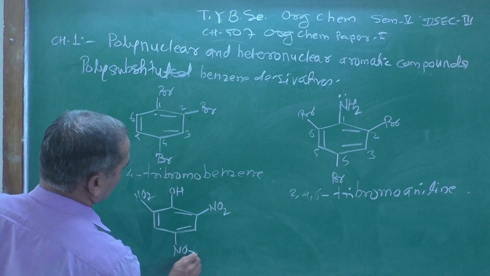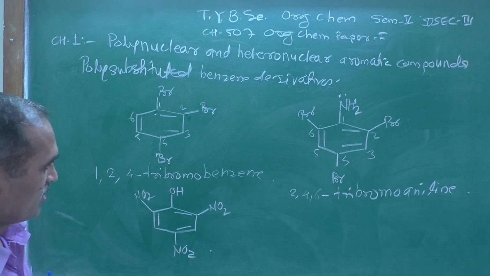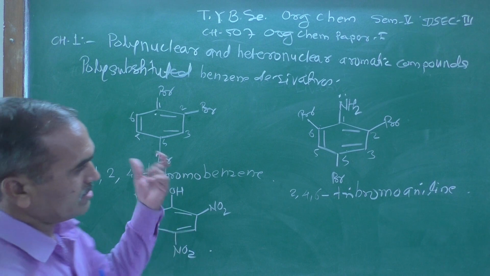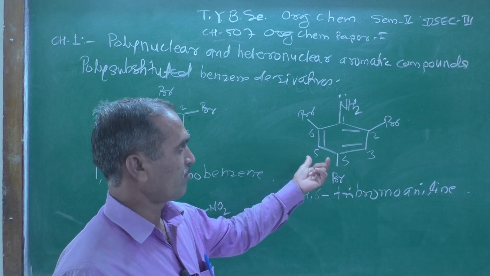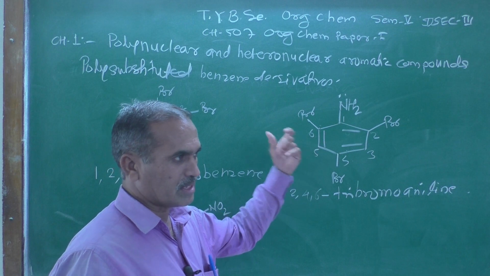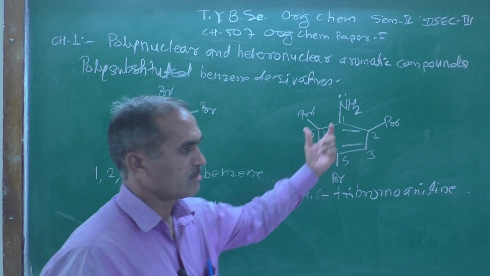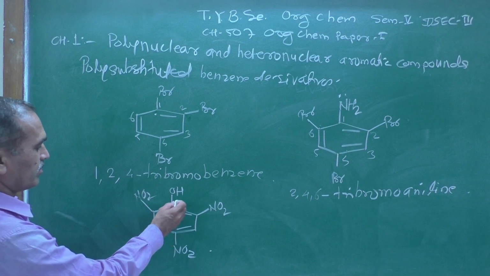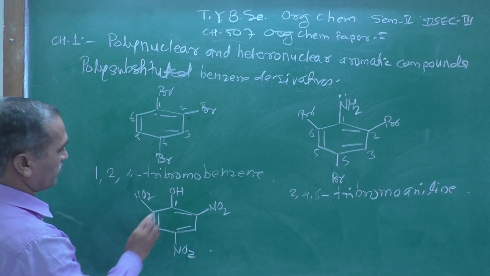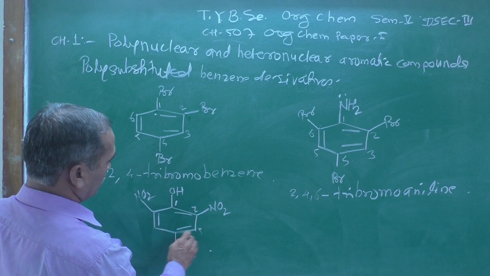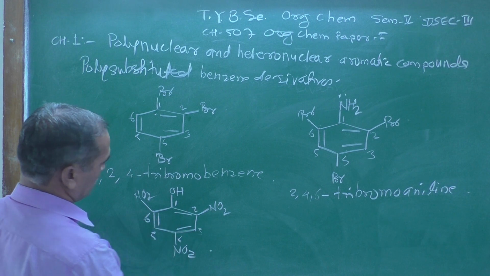Here this is a NO2. This is the same case as what we have just seen in this structure. So I can give the number from here, 1, 2, 3, 4, 5 and 6.